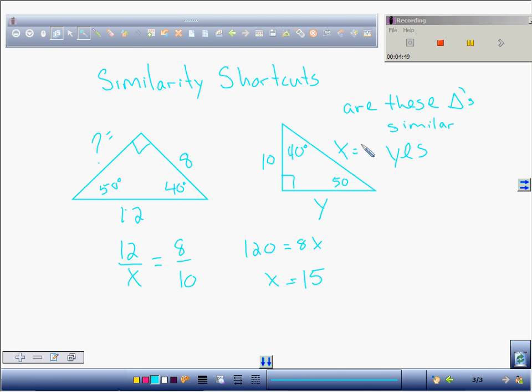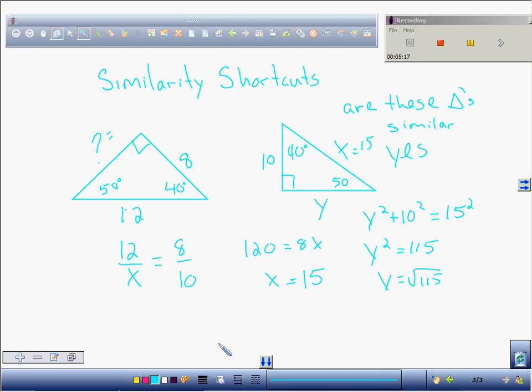If this is 15, we could just find y by doing the Pythagorean theorem. So you could go y squared plus 10 squared equals 15 squared. Whatever that turns out to be.